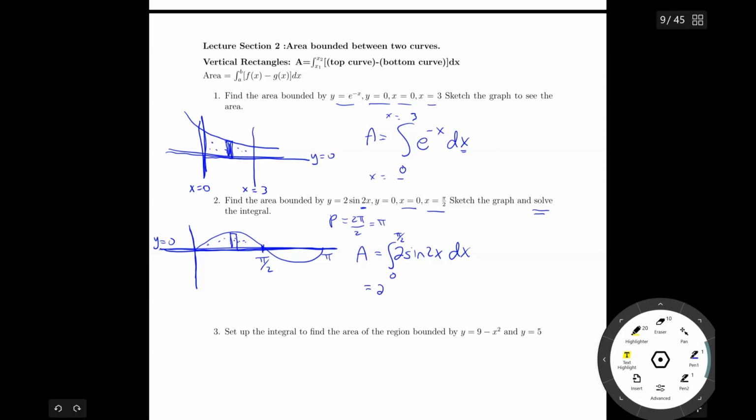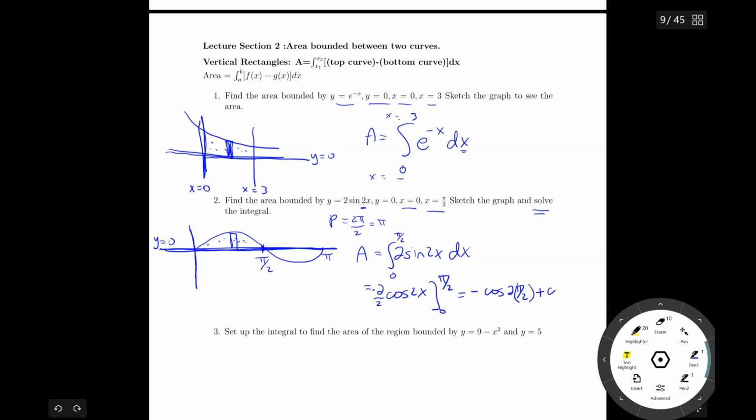I carry along the 2. I know the antiderivative of sine of 2x will give me negative 1/2 of cosine of 2x between 0 and pi over 2. So the 2's cancel, so I get a negative, and then I put cosine of 2 times pi over 2. I'll go slow here to make sure you see what I'm doing.